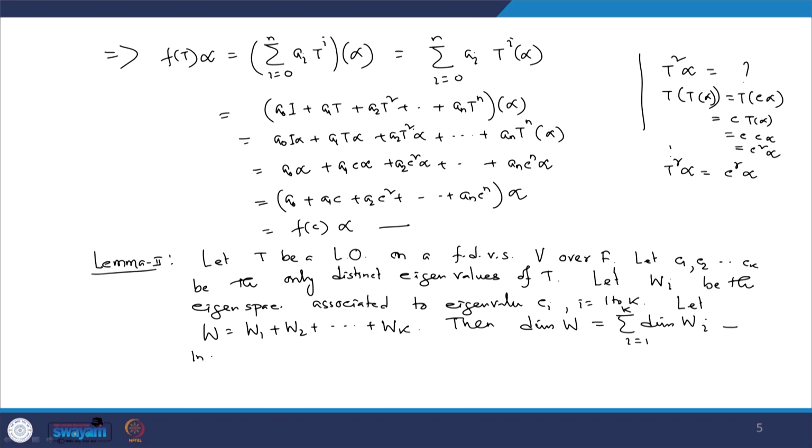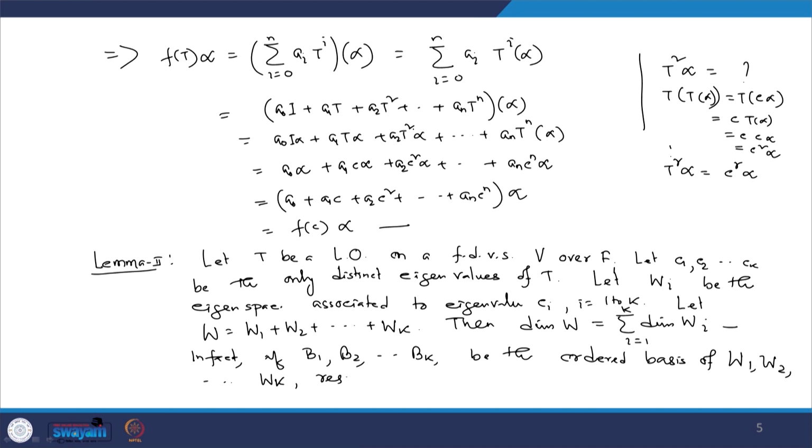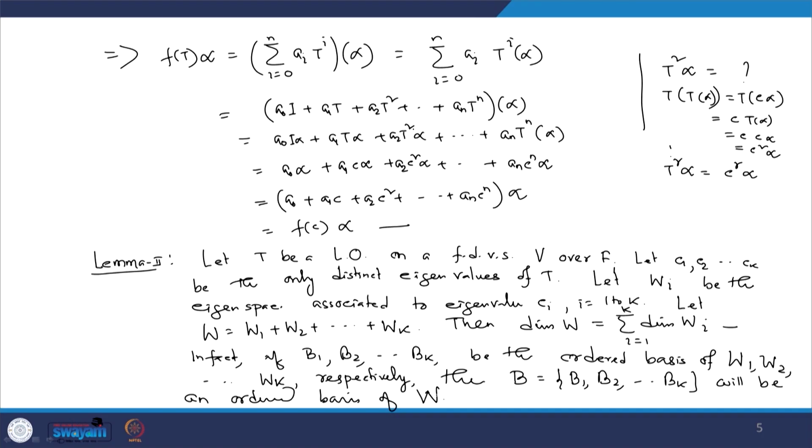In fact, if B1, B2, ..., Bk are the ordered bases of W1, W2, ..., Wk respectively, then B equal to B1, B2, ..., Bk will be an ordered basis of W. So, this is the small result.